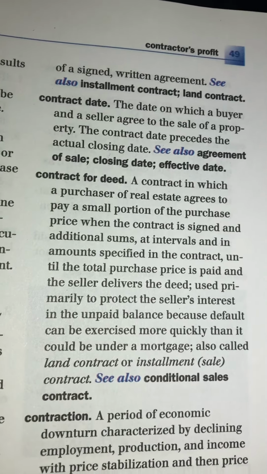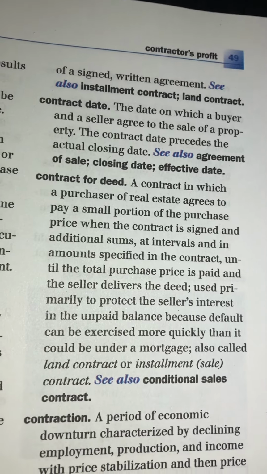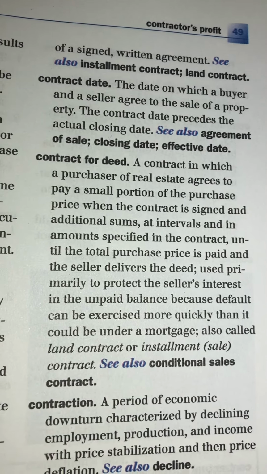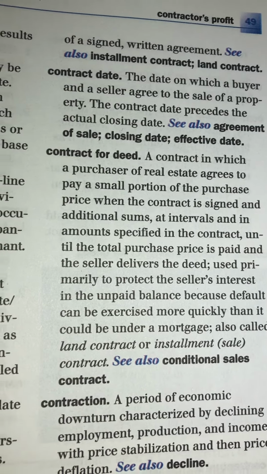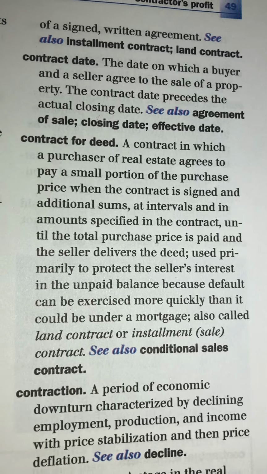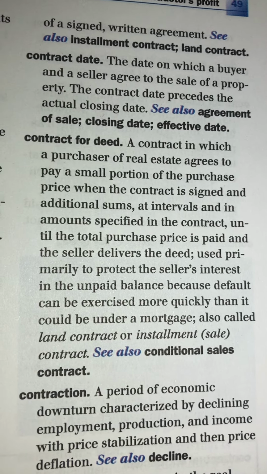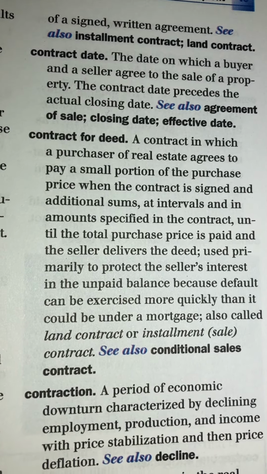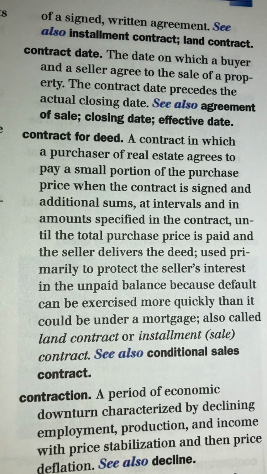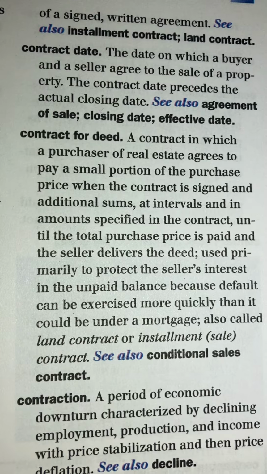Contract for deed. A contract in which a purchaser of real estate agrees to pay a small portion of the purchase price when the contract is signed, and additional sums at intervals and in amounts specified in the contract until the total purchase price is paid and the seller delivers the deed.